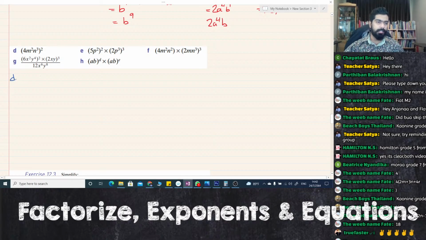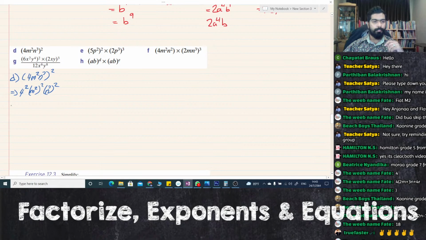So in question D, let me solve one question for you, okay? So this one, guys, we have 4m squared n to the power of 3, and all of this raised to the power of 2, right, guys? So this is the same as 4 raised to the power of 2, m squared raised to the power of 2, and then n cubed raised to the power of 2.